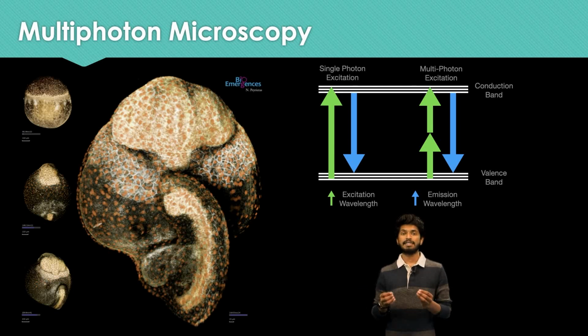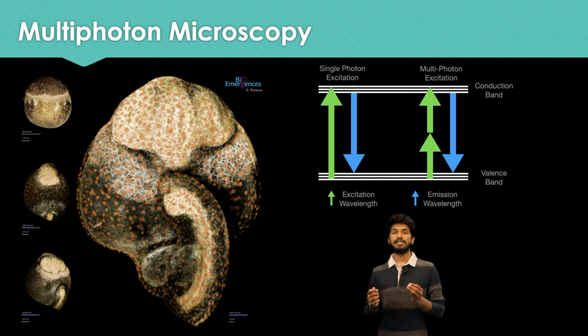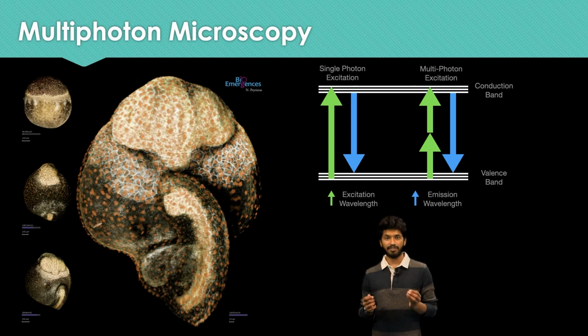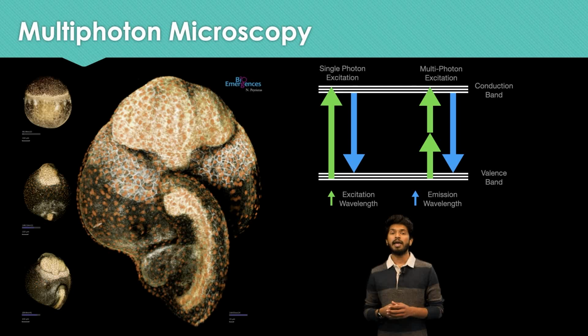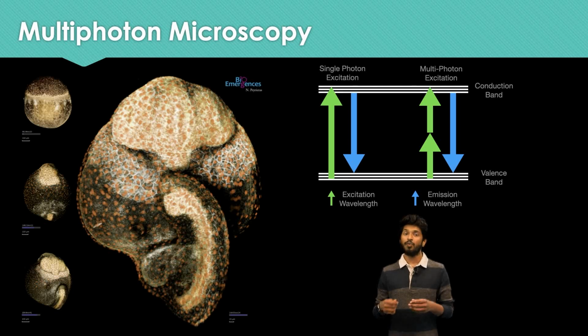The fluorophore is excited at 2 or 3 times its actual excitation value. For example, the single photon excitation wavelength of GFP, or green fluorescent protein, is 488 nanometers, while in multiphoton or 2-photon microscopy, we excite this fluorophore with 980 nanometers.